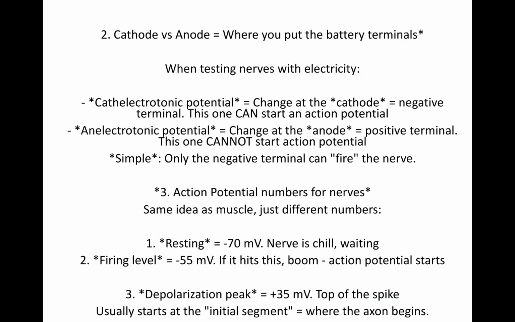Next is cathode versus anode. It is nothing but where you put the battery terminals. Cathode and anode, you have an idea about it. When testing nerves with electricity, catelectrotonic and anelectrotonic potentials are observed. What is catelectrotonic potential?